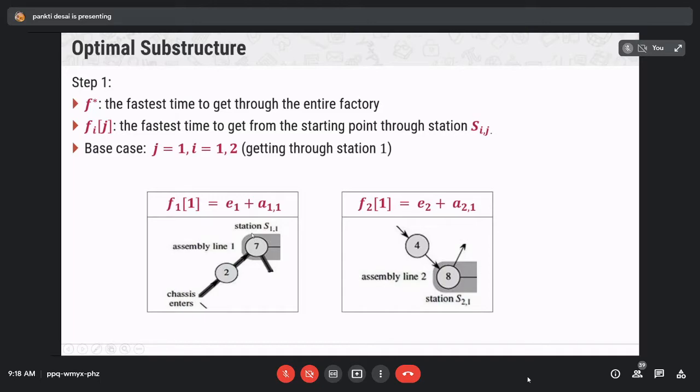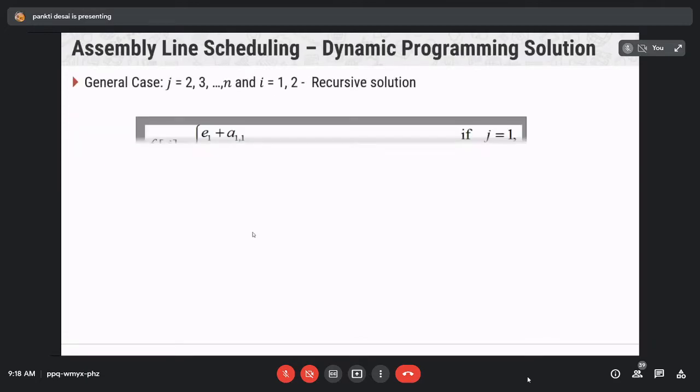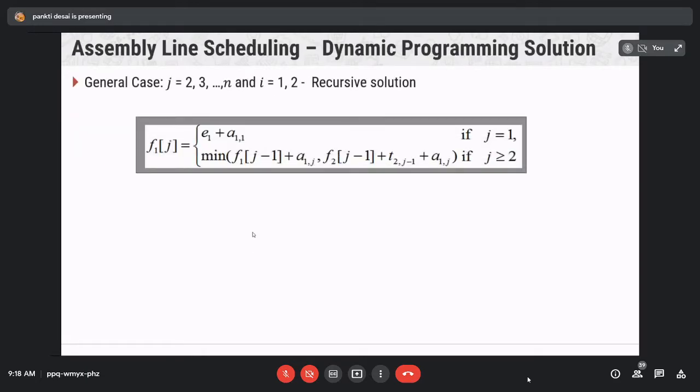Now if the value of j is 2, 3 up to n, it means for the remaining stations, F1j. So this is the fastest possible time. This formula is used to find the fastest possible time.